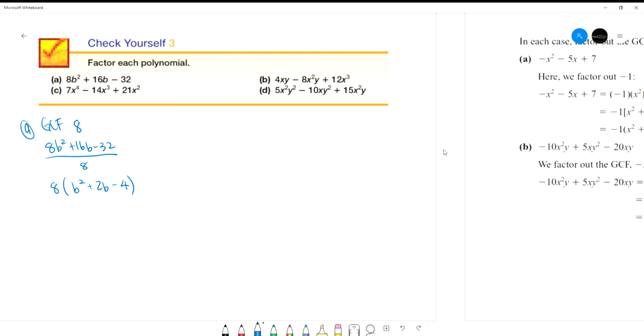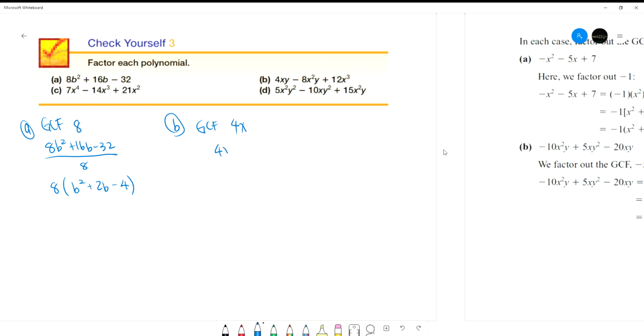Okay, hopefully everyone else is done too. Alright, part B, I look at the first number, 4, and it divides into all the other numbers. So that means 4 is part of the GCF. Then I look at x and I see x is in all of them. The smallest x is just x to the first. Then I look at the y's and notice that the last term does not have a y. So 4x is the GCF.